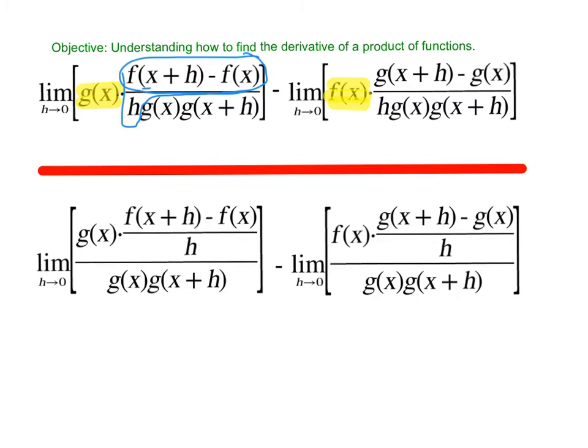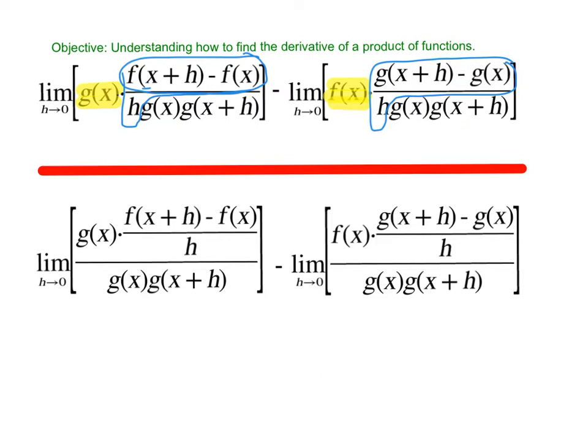So I'm kind of breaking those denominators apart here. Right? So I'm taking this g of x plus h and making it into its own denominator. And then the same thing over here. We're going to put the g's and the h's together, and then bring that to the denominator.